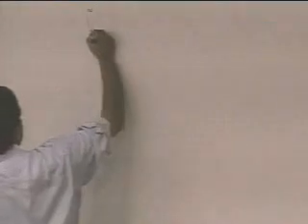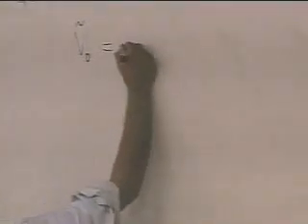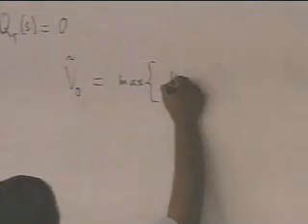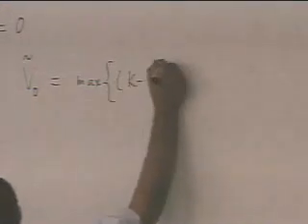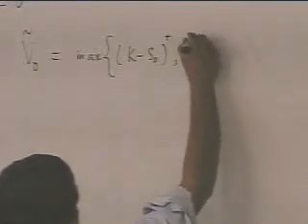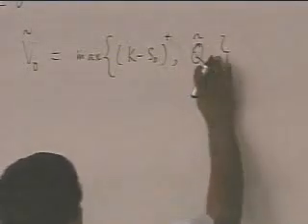But at the end of the day, you get an approximation for v tilde of 0, which is nothing but the maximum of (k minus s0) positive part and q tilde of 0. Q tilde of 0 is something that I can compute and take the maximum of that with respect to the current price that I can get. I get an approximation for the option value, which is this quantity down here.